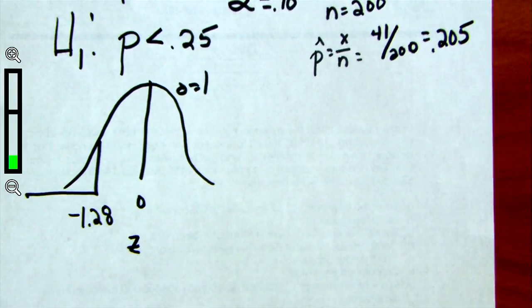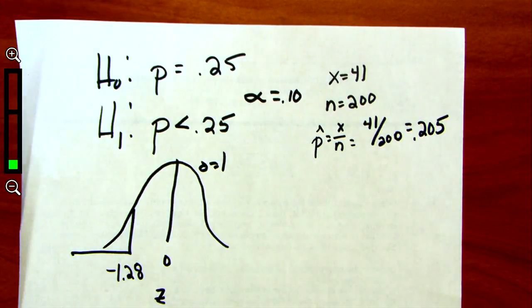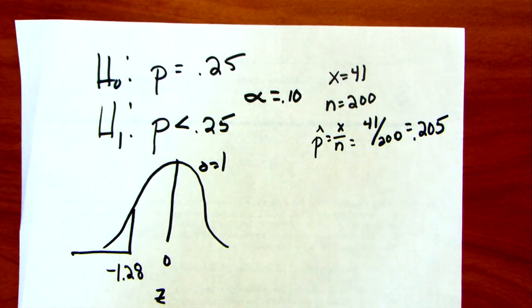Well, let's think about it. I have my evidence in terms of p hat. I have my rejection region in terms of z. Can't compare apples and oranges. Inches and centimeters, pounds and stones. I need them both in the same measure. So what did I just give you a mere seconds ago that'll put it in the same measure?